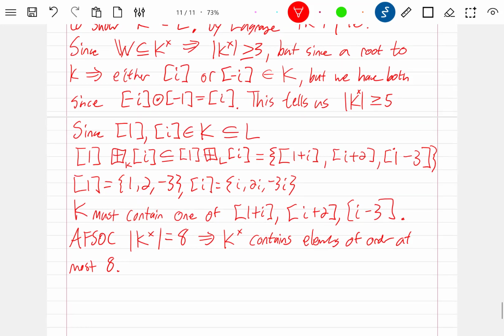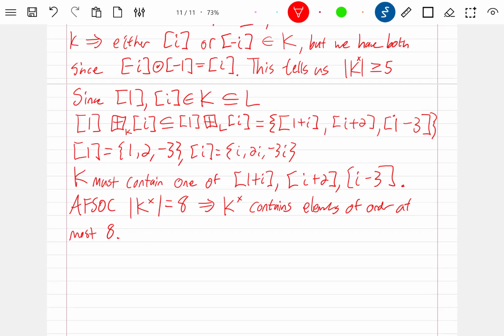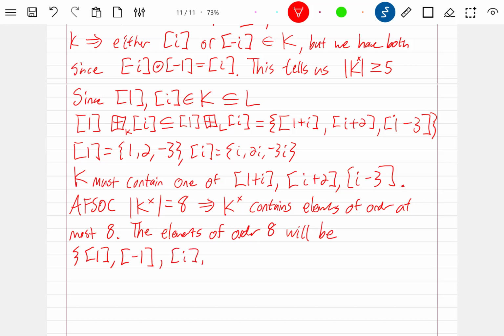But then you can continue on playing this game and ask about the elements of order 8. They will be sort of the following. You'll have your 1, you'll have your -1, so this is your element of order 1, your element of order 2, you'll have your 2 elements of order 4, and then there should be 4 elements of order 8.